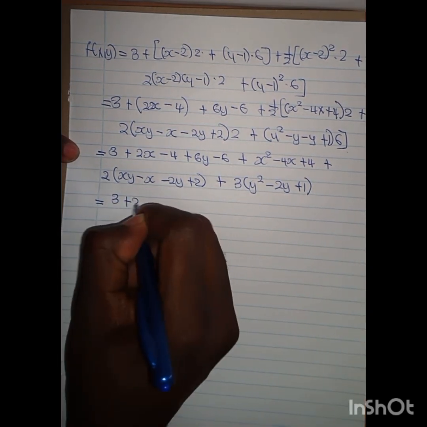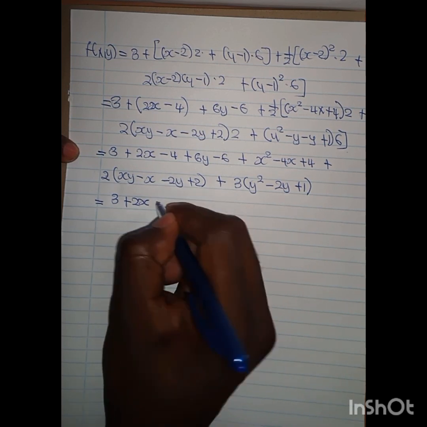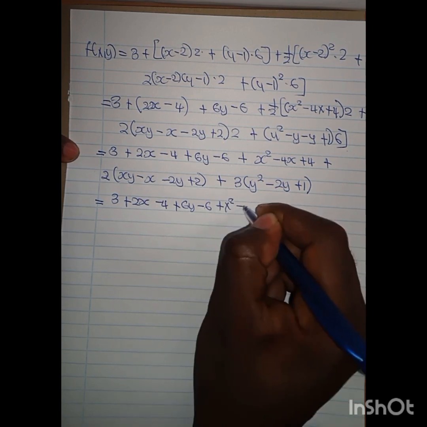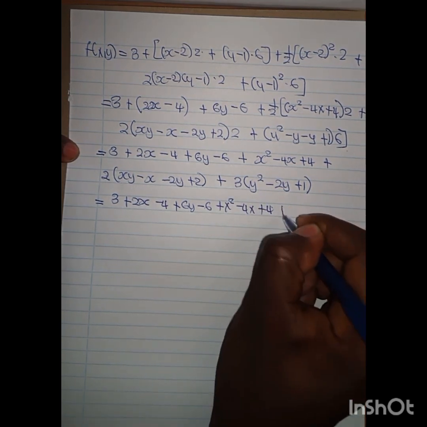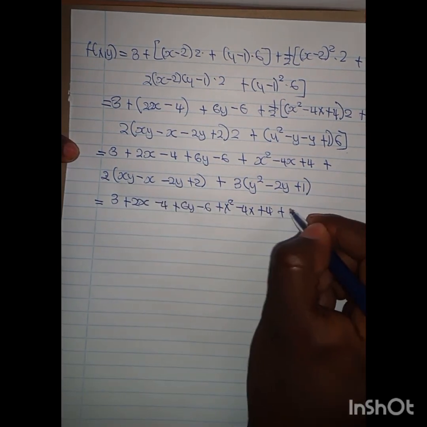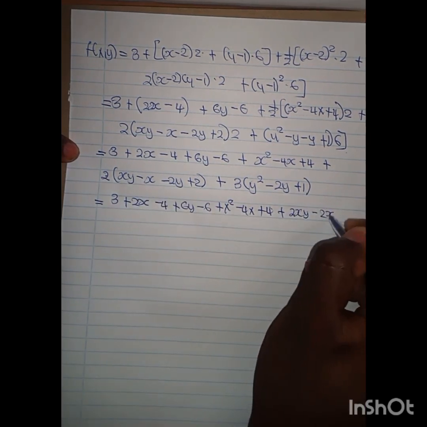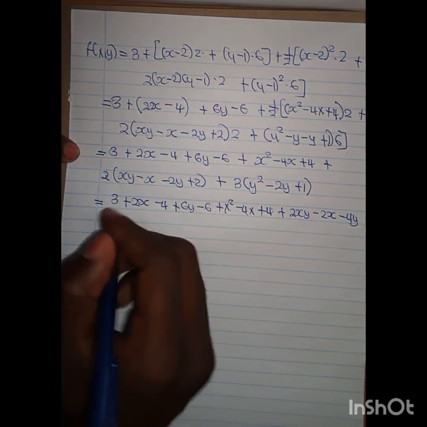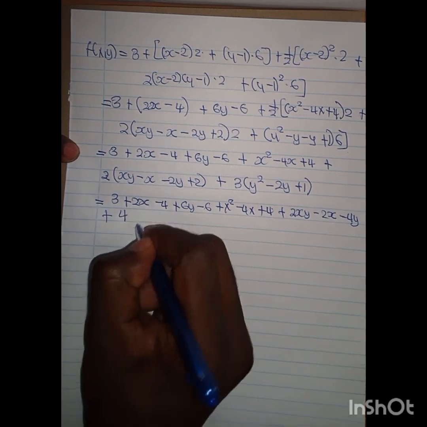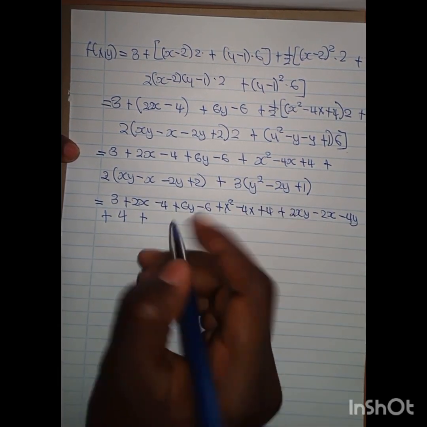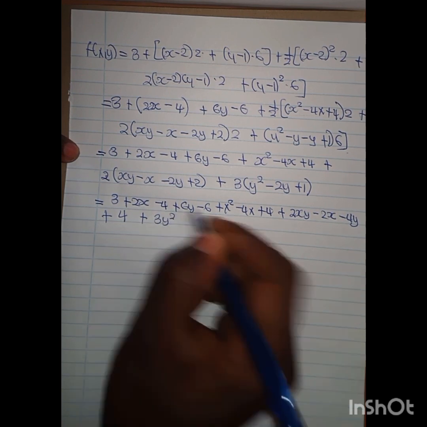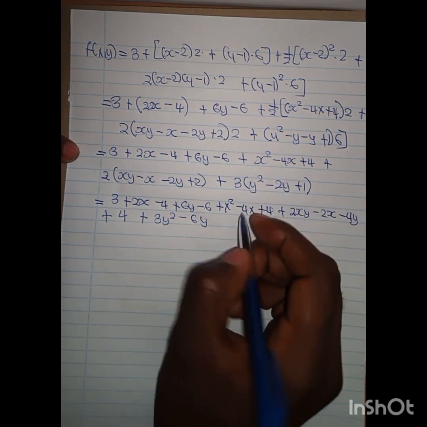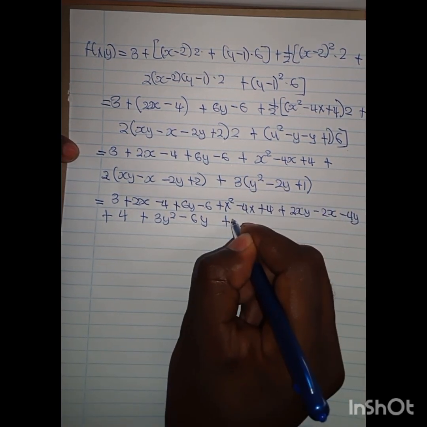We have 3 plus 2x minus 4 plus 6y minus 6 plus x squared minus 4x plus 4 plus, we multiply the 2 inside, we get 2xy minus 2x minus 4y, multiplied 2 by 2, we will get a 4 like that, plus multiply the 3 inside, this is 3y squared minus 6y, when you multiply 3 by 2y, 3 multiplied by 1 is a 3.